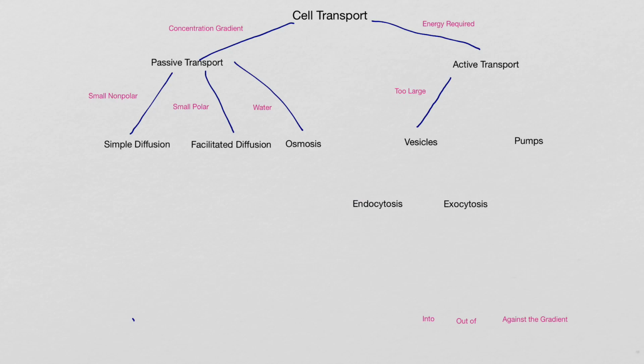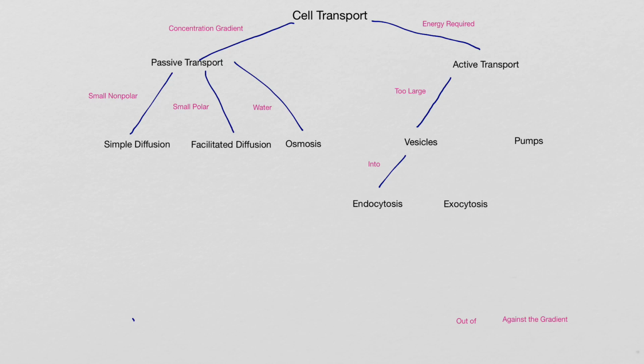Now, if you go into the cell, that is going to be called endocytosis. So endocytosis always has the vesicle going into the cell.